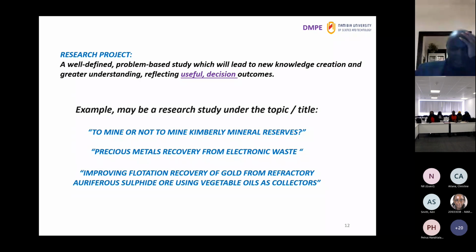As indicated by 3 examples, the first one is: to mine or not to mine Kimberley mineral reserves. Second one: precious metals recovery from electronic waste, both counting less than 10 words.